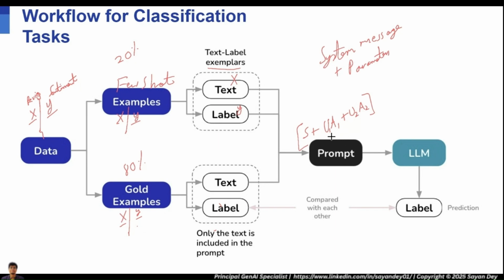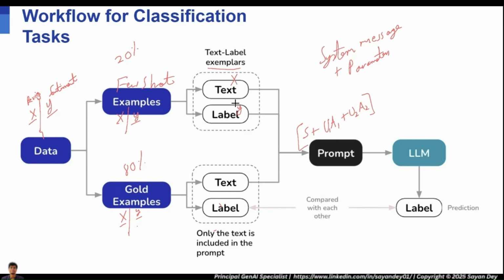Now the important part is that there are a couple of variables here. The variables are the system message itself, because there are different ways we can design the system message. The prompt parameters: there are different ways we can decide what values the prompt parameters should have. And also, we can decide what kind of text label exemplars we should have.